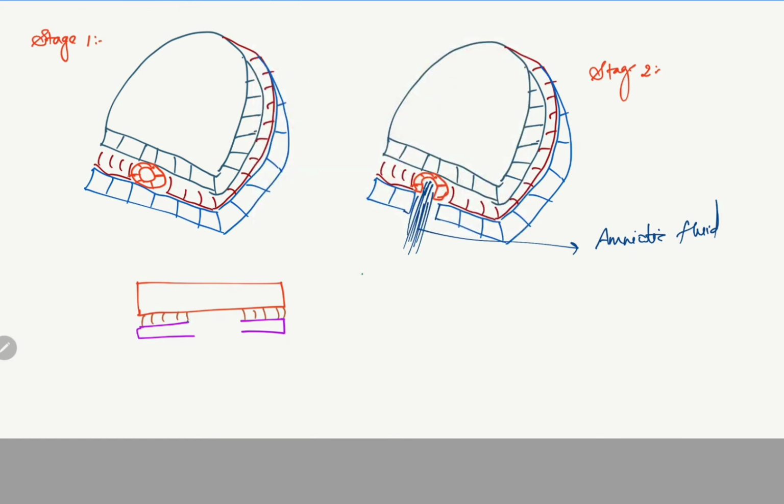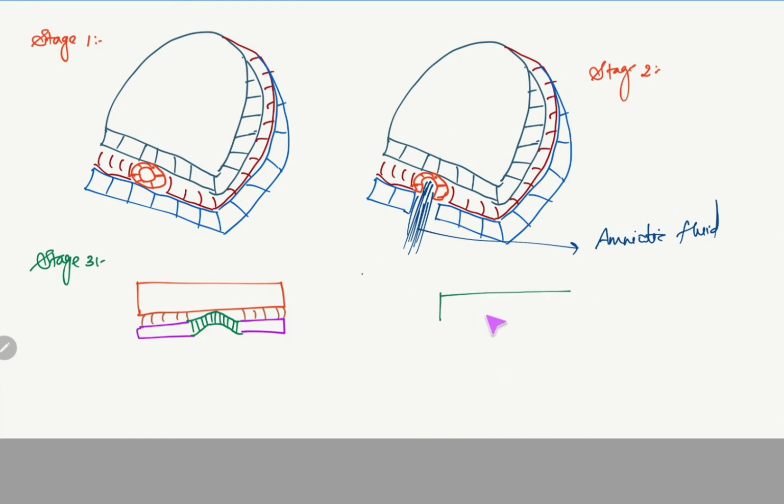The notochordal tube or notochordal process just intercalates with the endoderm. So once the notochordal tube starts intercalating with the endoderm, the neuroenteric canal starts disappearing. Once intercalation has been completed, this cell starts proliferating very rapidly. Of course, these cells will be replaced by the endodermal cells, but before that replacement, this proliferates very rapidly.